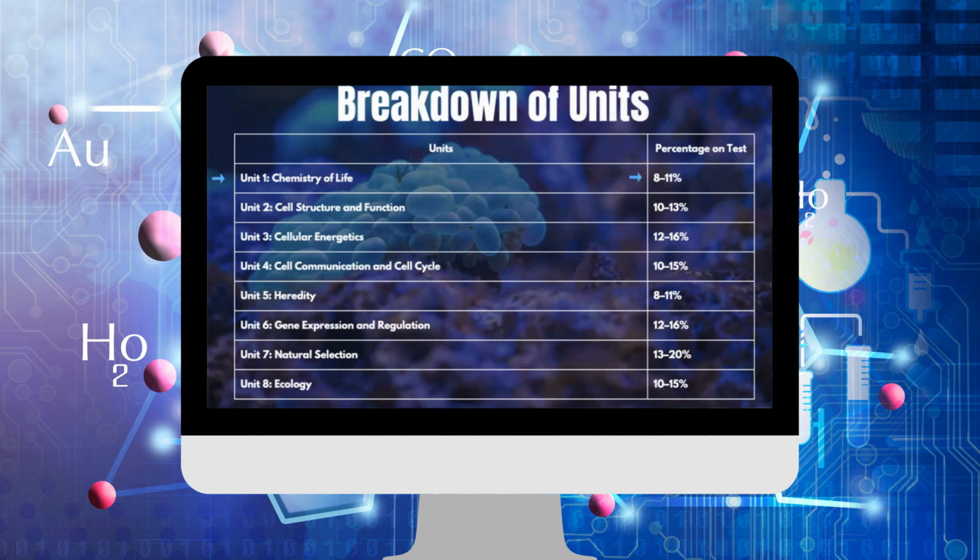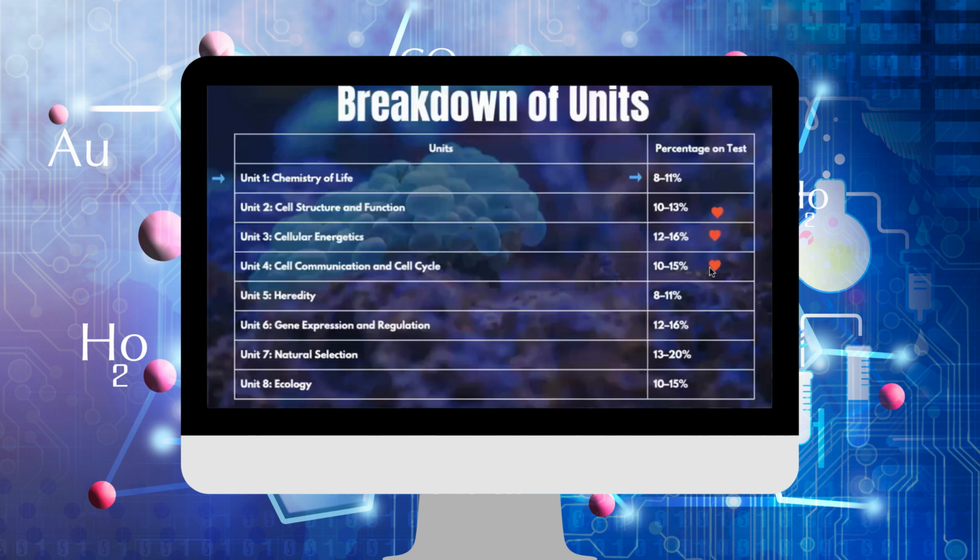In terms of questions that are high probability, when it comes to direct questions, oftentimes we find that cellular energetics or cell structure and function tend to group together alongside cell communication and the cell cycle.